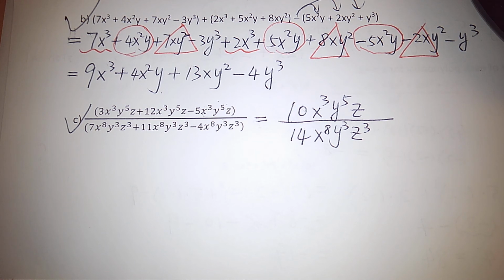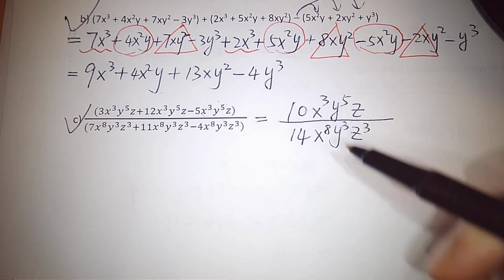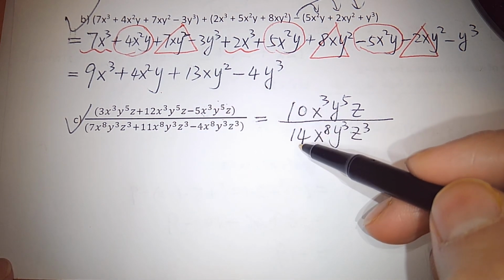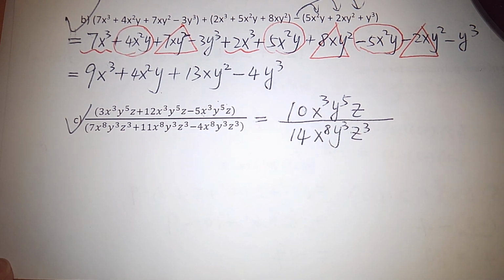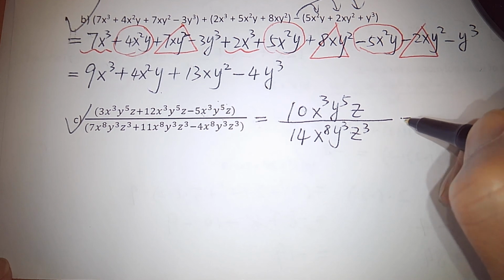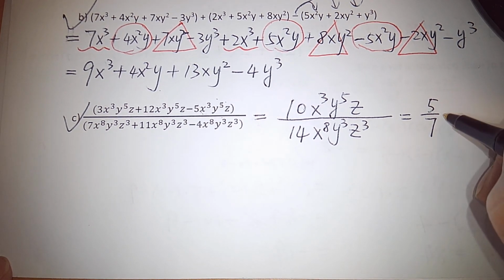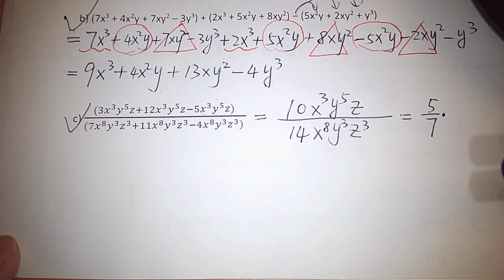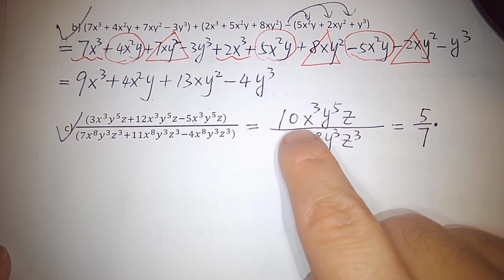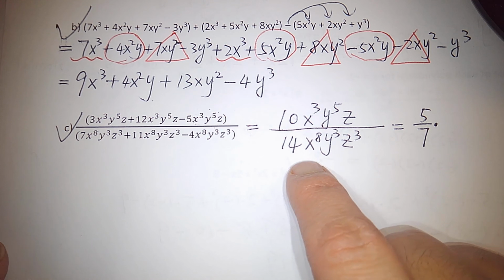Are we able to simplify this result? 10 out of 14 give us what? 5 over 7, right? You agree with that? X to the cube over x to the 8th.